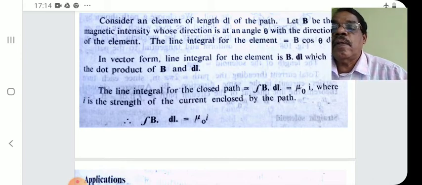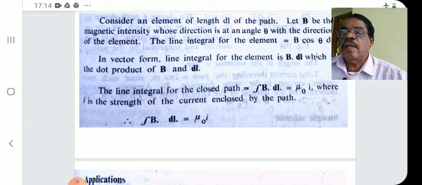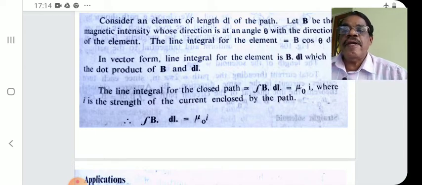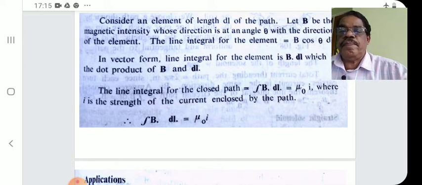Therefore, line integral B dot dl is mu 0 I. The Ampere circuital theorem is line integral B dot dl equal to mu 0 I. Integral over L B dot dl is mu 0 I. This is the Ampere circuital theorem.